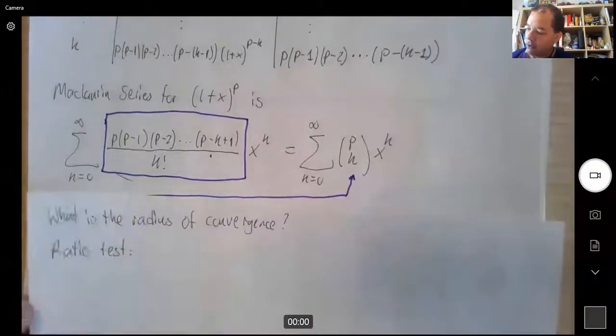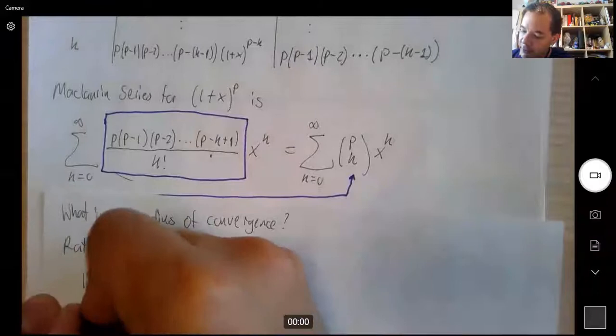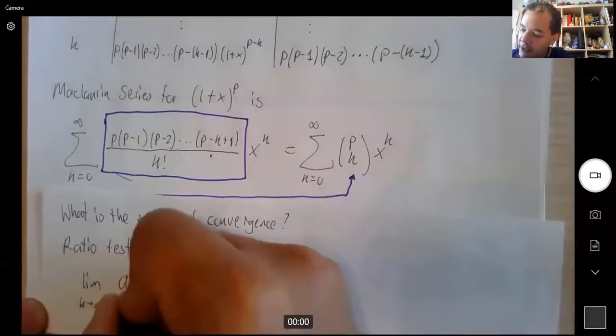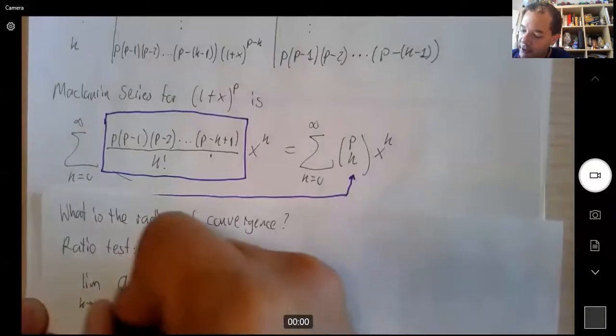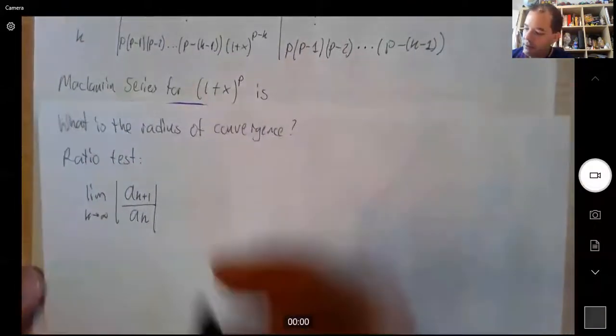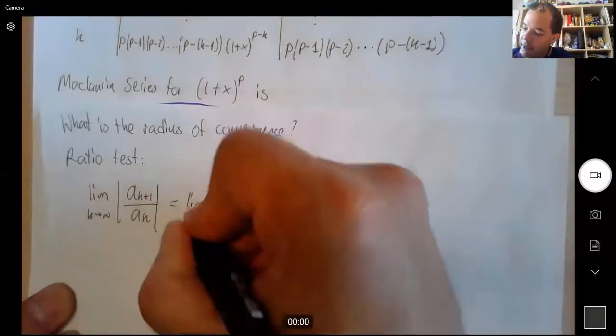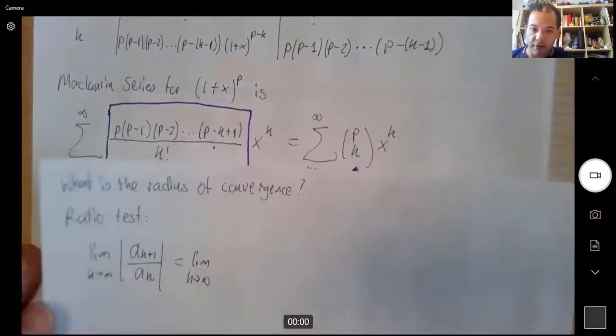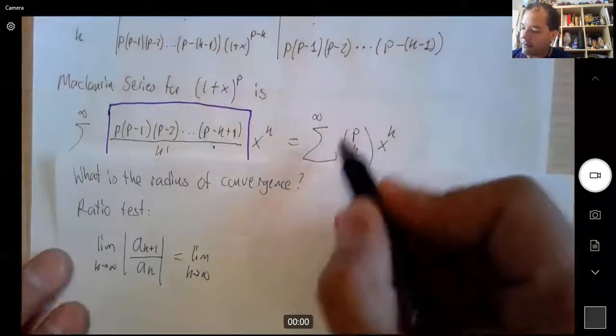So we need to do the limit when k goes to infinity, a_{k+1} divided by a_k in absolute value. And let's write it down. What is a_{k+1}? Okay, maybe I shouldn't erase it. Here's the k term, right?